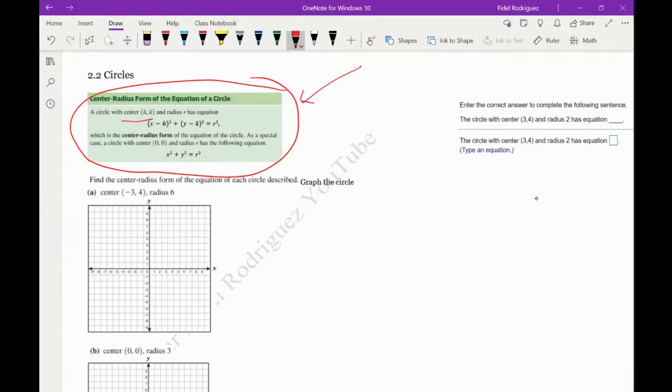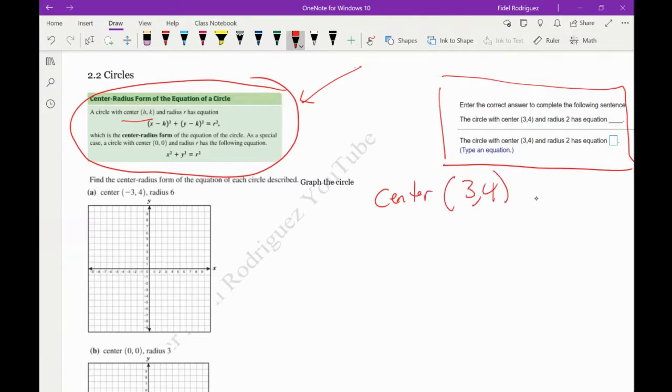I apply this formula to the problem that I have right here, okay? So the first thing I'm going to do is write down the center. They told me the center is the point 3 and 4, and they told me that the radius was equal to 2, okay?